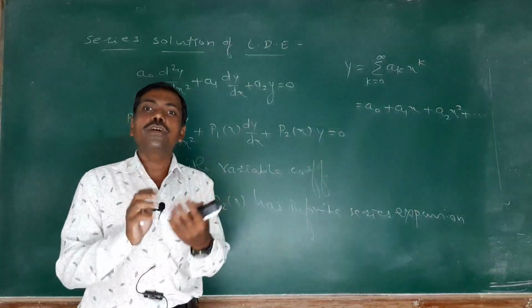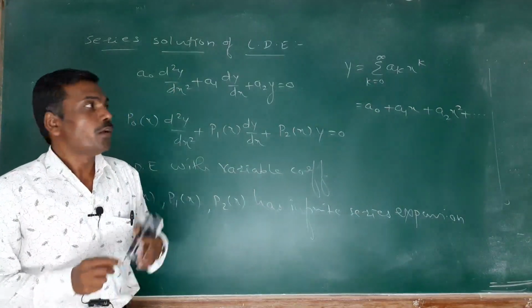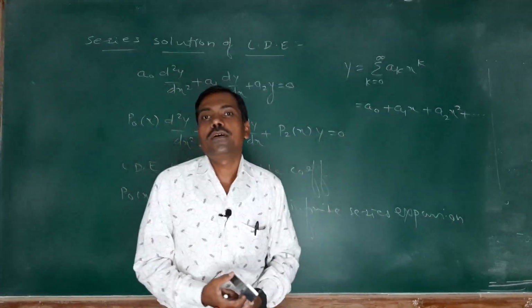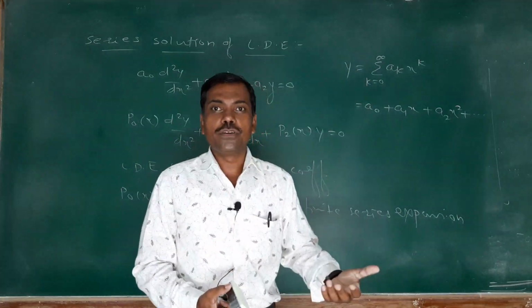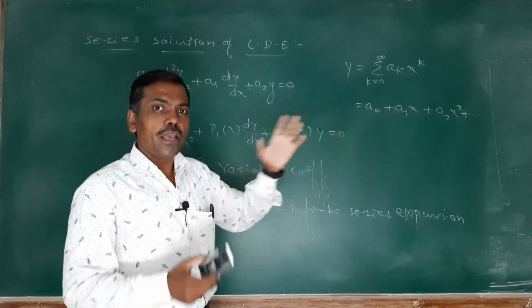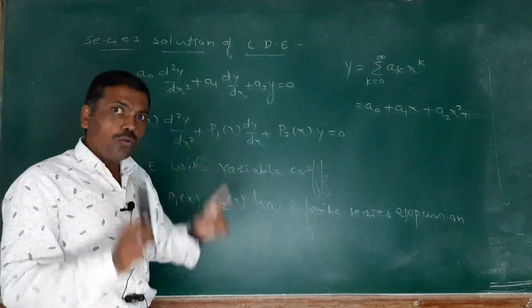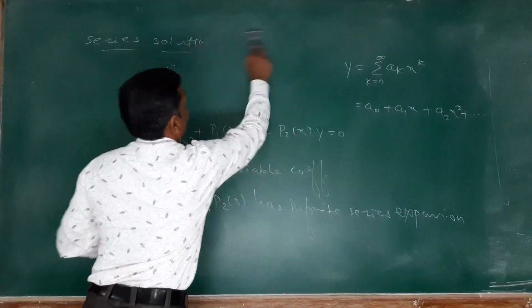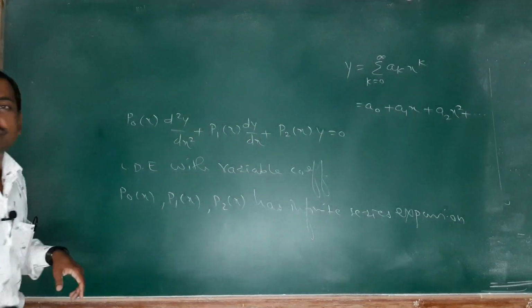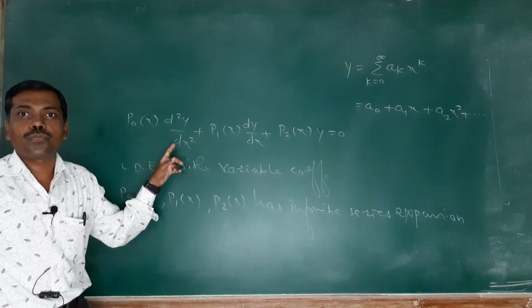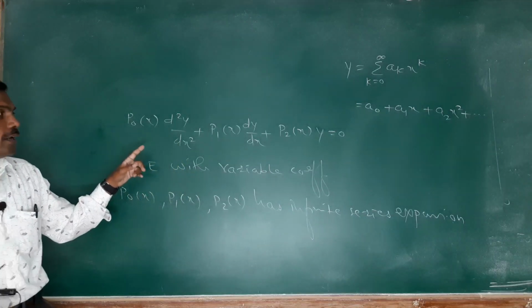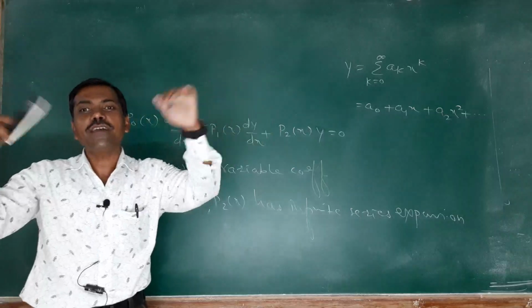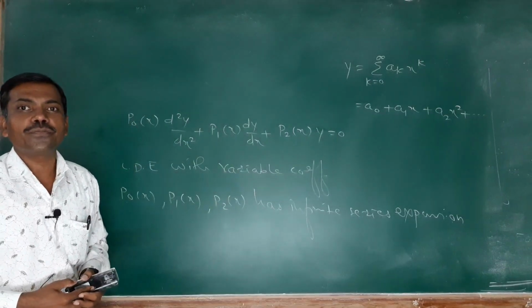Now the big question arises in front of us. We have an infinite series. We know the process of finding the radius of convergence of this series. Everything we know, but the main question is, see, our linear differential equation is of order 2. If my linear differential equation has order 2, how many constants appear in it?